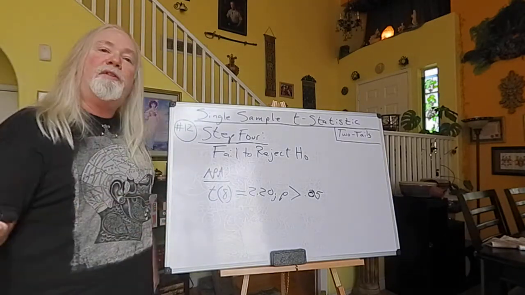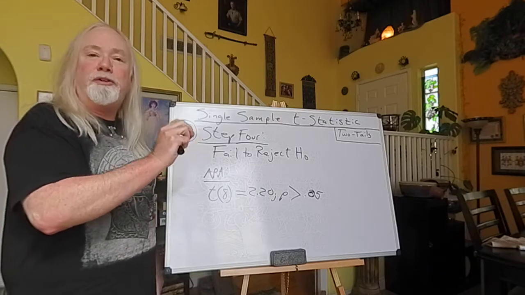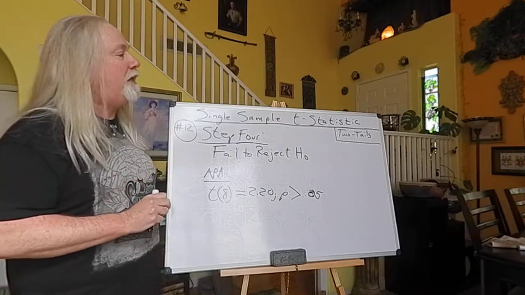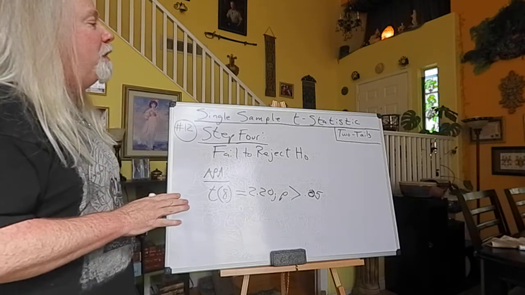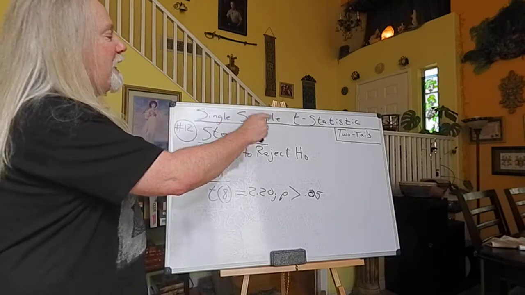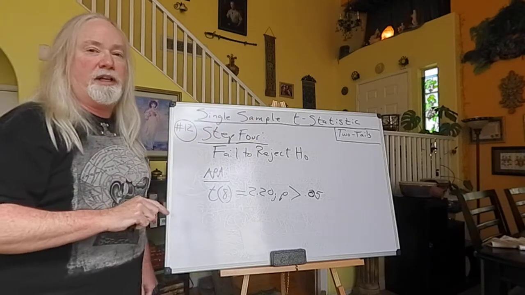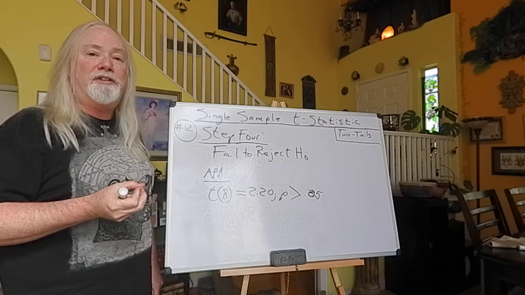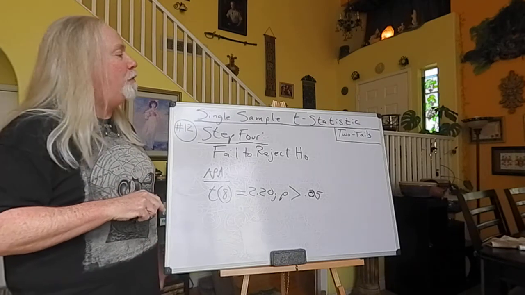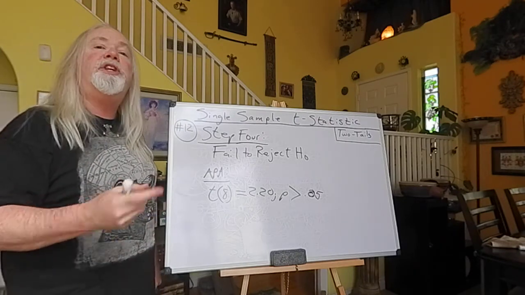And that's kind of the theme for the rest of the course. We're just going to keep making little tweaks and little changes to accommodate different research designs. But there's our 4 steps with our example for our 2-tailed single sample T-statistic. So next we're going to flip this, as we usually do, over to a 1-tailed example. The problem even has it already written for 1 tail. So we'll see that in the next video.